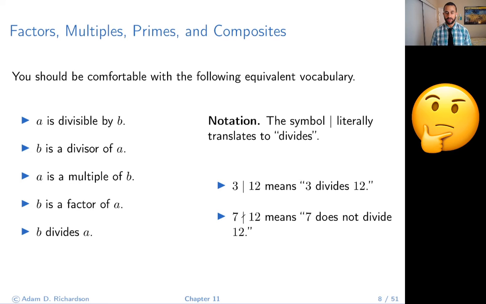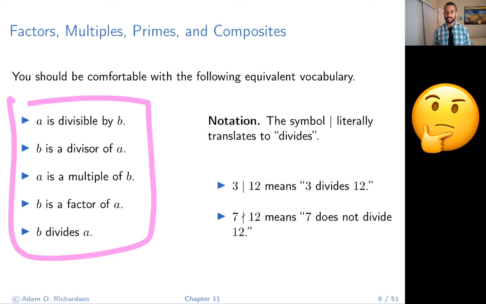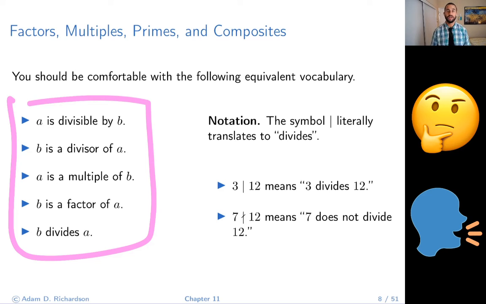Okay, and now that you've thought about it, say some of these things out loud, because those things over here, that entire list, are all saying the exact same thing in 5 different ways. So think about it and then talk out loud. Say these things out loud and see if you can make sense of them.